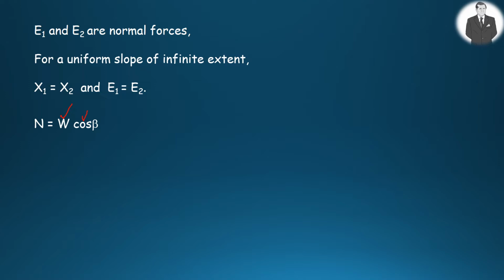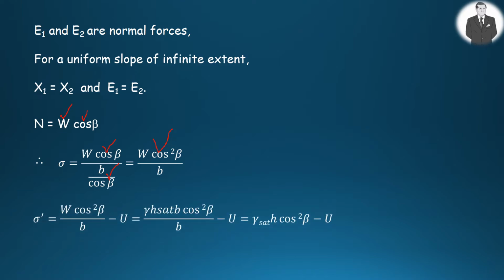Now then, the normal force can be expressed as the weight of the rhombic element times cosine beta. Beta is the angle of slope. Therefore, the total stress can be defined as a ratio between the normal force divided by the cross-sectional area of the rhombic element. Accordingly, effective stress, which is the difference between the total stress and the pore water pressure, can be formulated as given here.